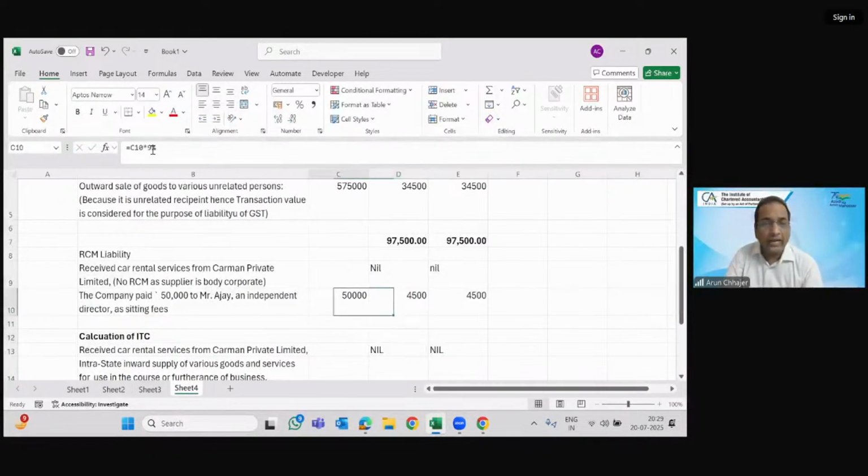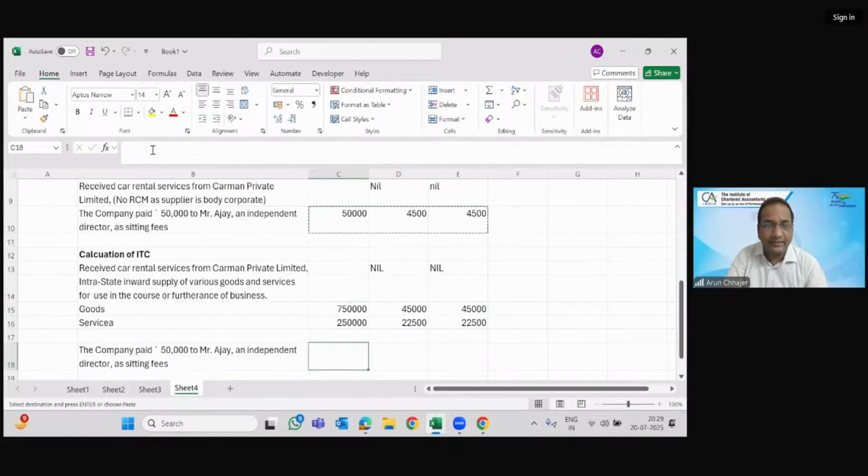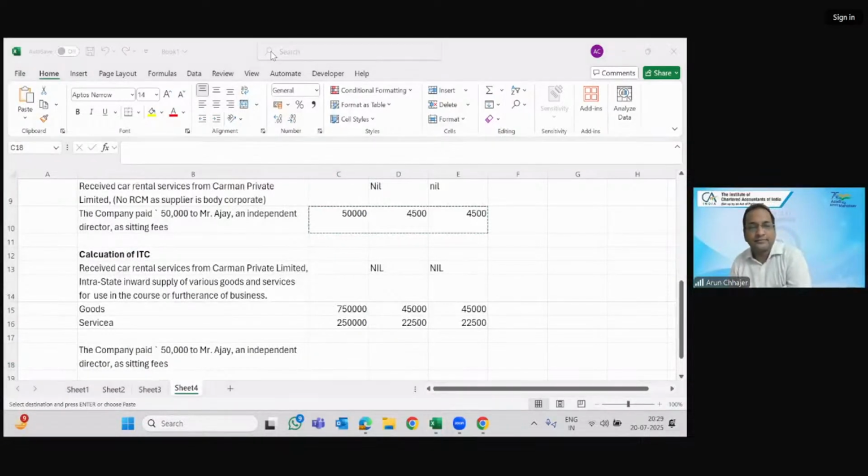Okay. And the same amount he can take as ITC, right? He will pay the tax, and can he take the ITC in the same month, or in the next month? Tell me, what would be your answer?